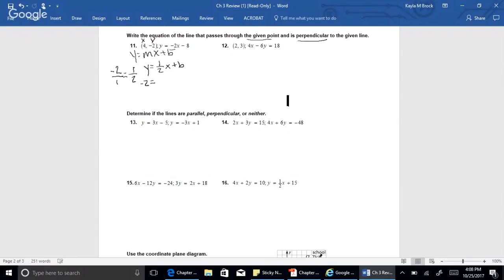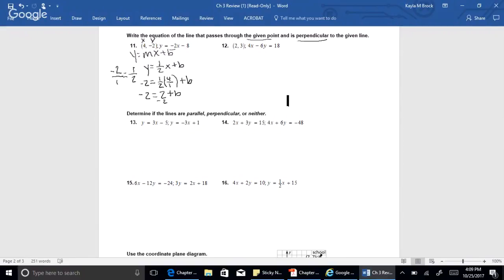-2 equals 1/2 times 4 plus b. Okay. -2 equals 1 times 4 is 4, 2 times 1 is 2. So I'll have 4 divided by 2, which will end up being 2.